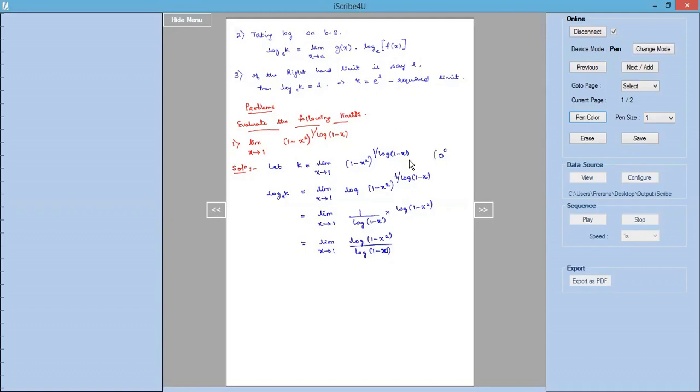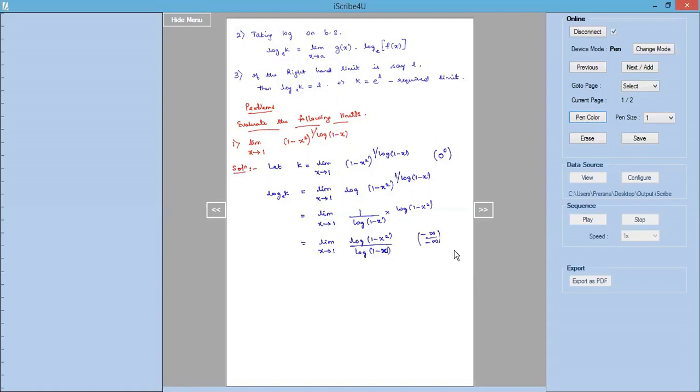So the given question was in 0 power 0 form. Now after applying the log on both sides, as x tends to 1, 1 minus 1 is 0, so log 0 is minus infinity, giving minus infinity by minus infinity form, which is the same as saying infinity by infinity form.